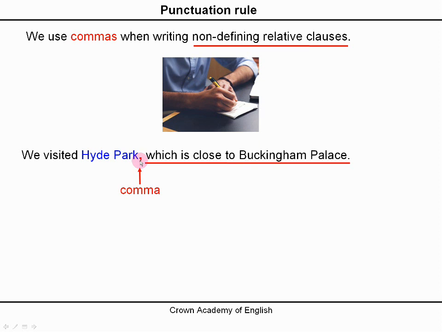So it is a little line at the bottom of the line after the word. So the comma separates the non-defining relative clause from the rest of the sentence. Okay, so it's like a separator. And here the non-defining relative clause is at the end of the sentence, and there is one comma in the middle.